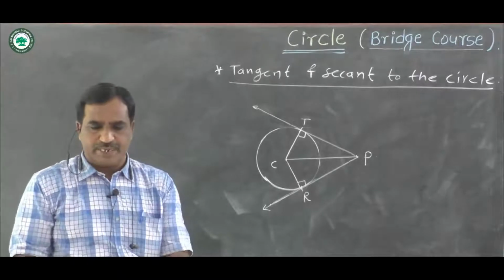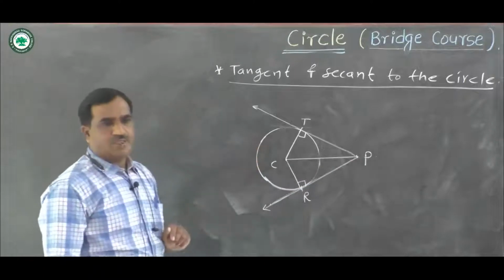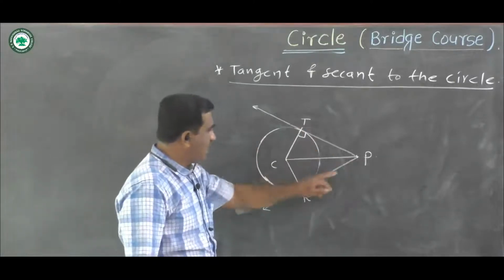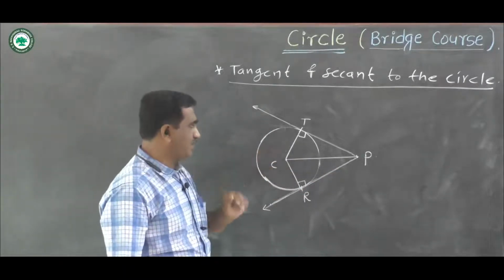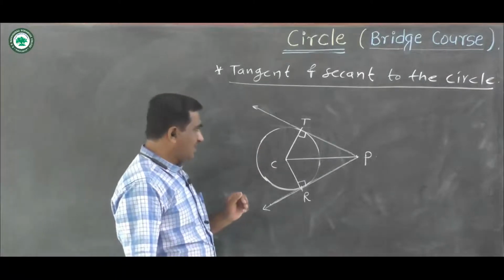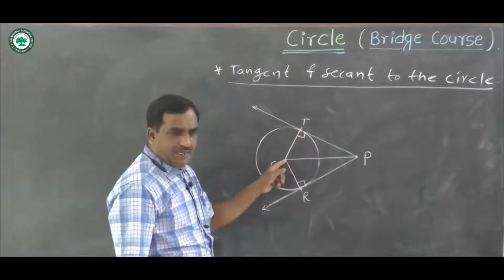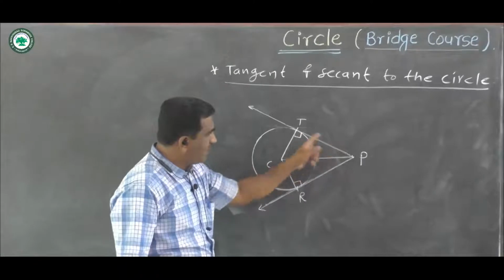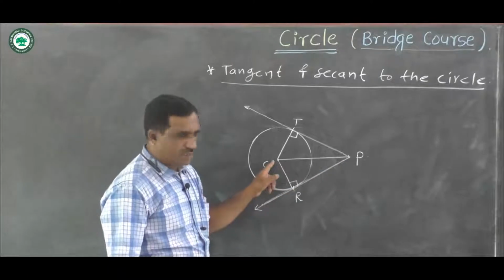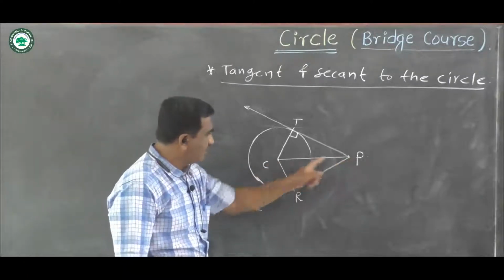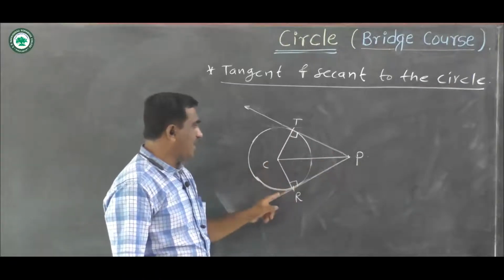There is one property: tangent segments drawn from an external point to the circle are congruent, that is, segment PT and segment PR. We can prove it by the properties of triangles. Segment CR and segment CT are the radii of the circle. Angle PTC equals 90 degrees, angle PRC is also 90 degrees, and segment CP is common to triangle CTP and triangle CPR.